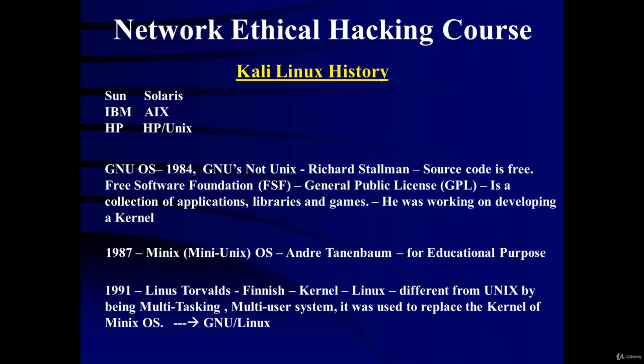When Richard Stallman saw Linux, he decided to stop developing his own kernel and used Linux to replace the kernel he was developing. That's why they call Linux GNU Linux, or GNU/Linux.